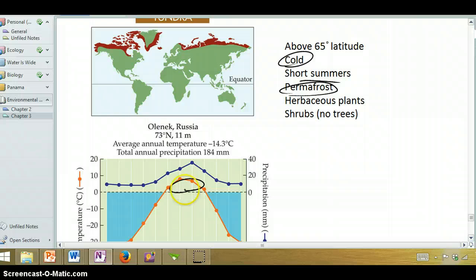So during the short growing season, the surface of the ground will thaw out, but you can go down just a foot or two or three, and you'll find permanently frozen ground. So this really limits what can grow there. Trees basically can't grow there because they can't get their roots down like a tree is used to doing because of the permafrost. So you pretty much just find herbaceous plants and shrubs, nothing terribly large.